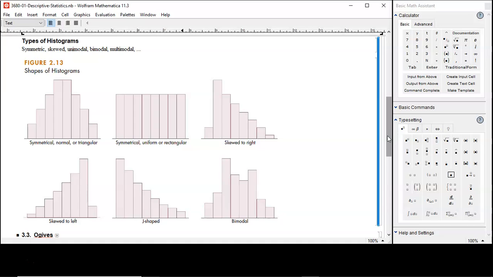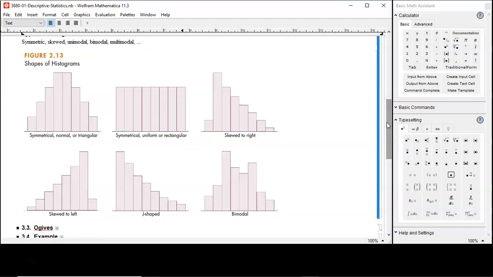Types of histograms. I got it from an elementary textbook, so the picture is not very good, but please remember the terminologies here. This thing is typically called symmetric, as you can see. If you draw a vertical line around here, and the left and the right are pretty much the same, in that case we call it symmetrical.